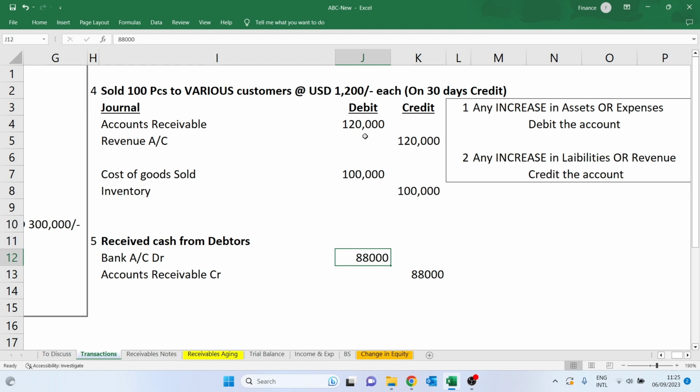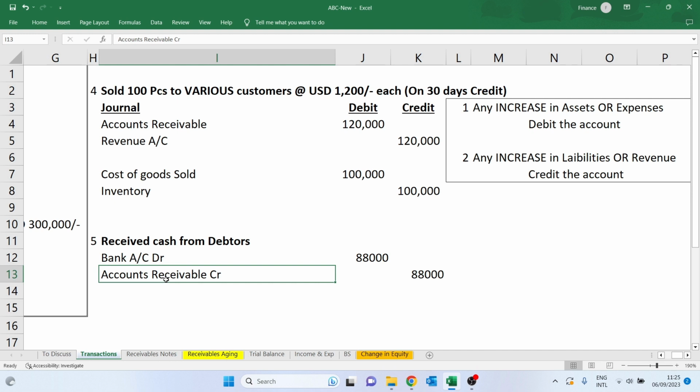The details of which customers paid how much, we can see in the accounts receivable accounts and accounts receivable aging. We will discuss this. So 88,000 we received and we have debited the bank account because there is an increase in asset. And our accounts receivable is decreasing, right?